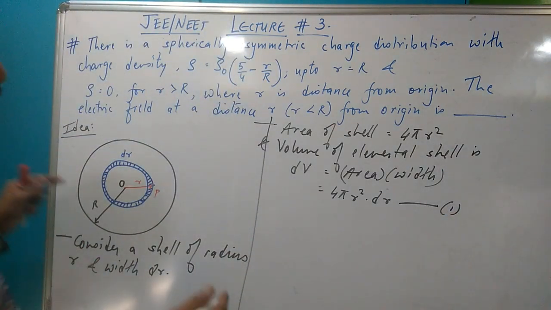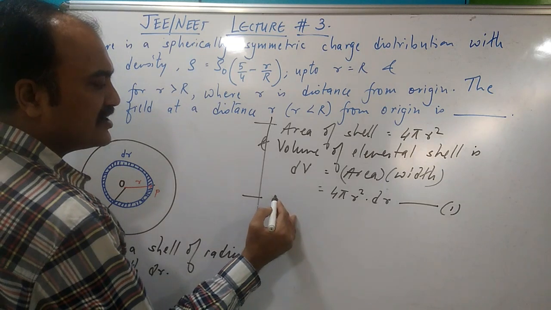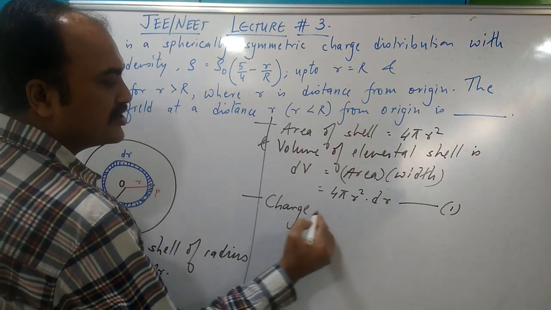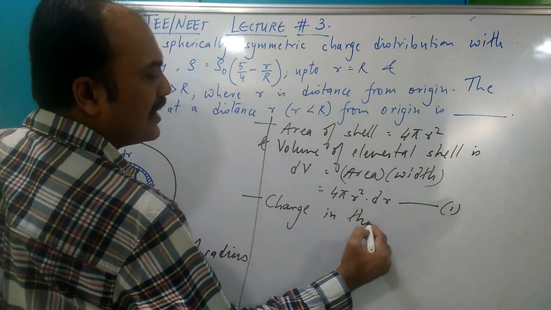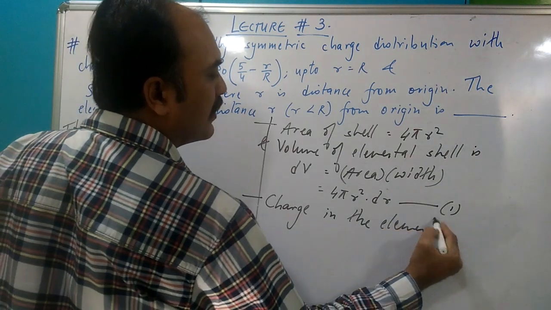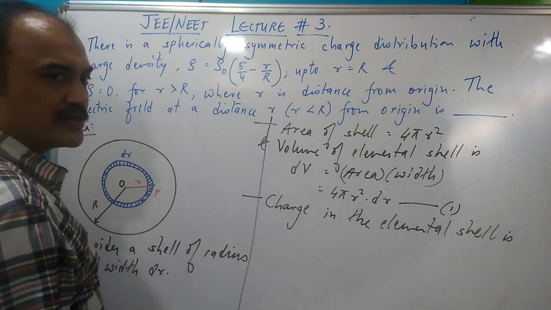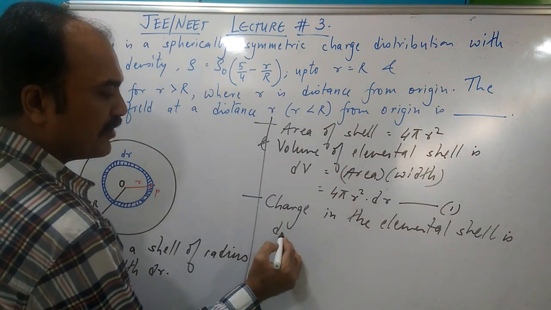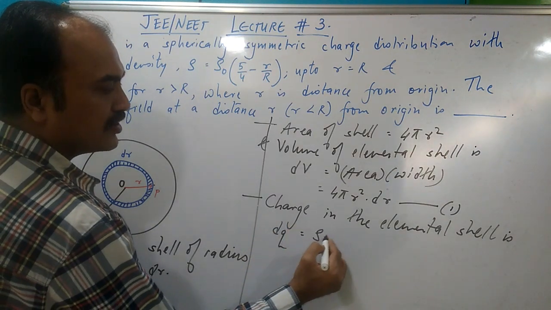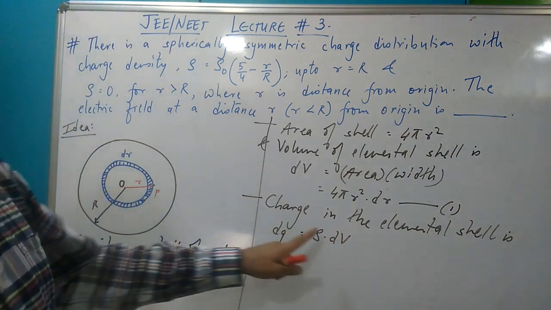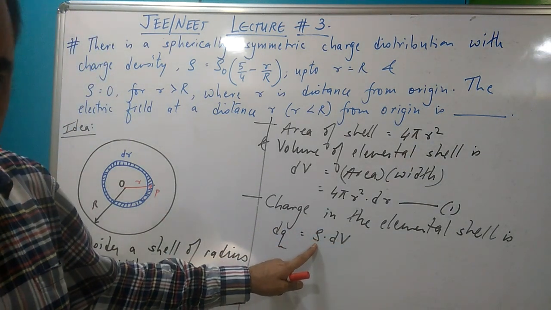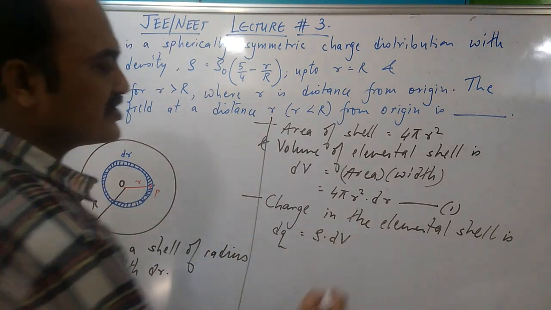So now the $1 million question, how much is the charge enclosed? Charge in the elemental shell. All those worshippers of charge distribution, remember dq is rho into volume. Surface charge density, volume charge density into volume gives us charge.